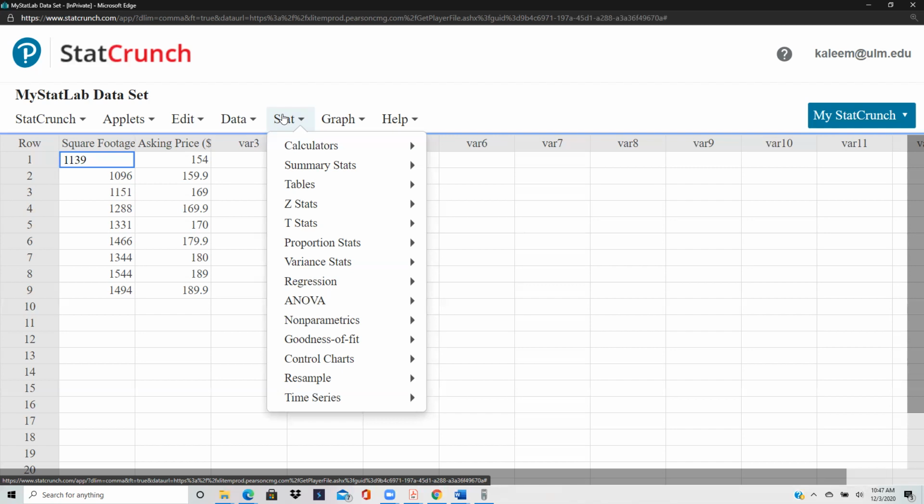Isn't the second part talking about regression line between the asking price and the square footage? Or is it asking for correlation? Linear correlation.